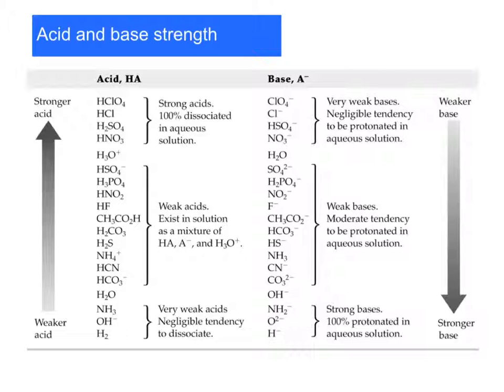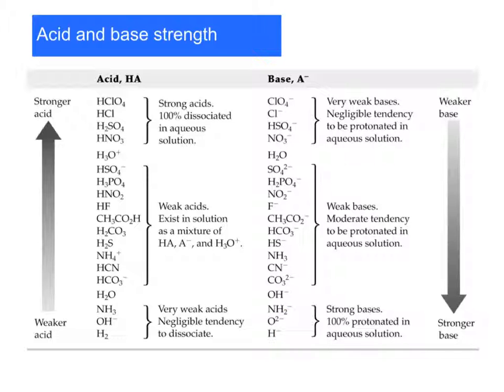Okay, some of them will be a mixture of ions and the molecular form of the acid, and then some of them, like these down here, dissociate very, very little. Okay, and then the same thing for bases. Up here are the ones that barely accept any protons at all when they're in solution, and then down here are ones that are very strong.